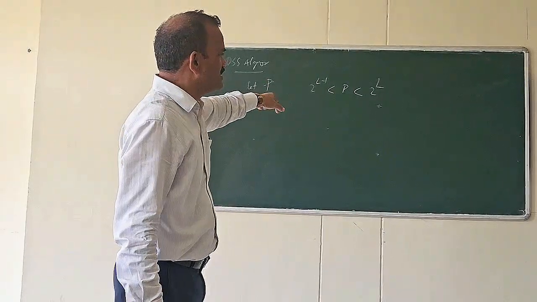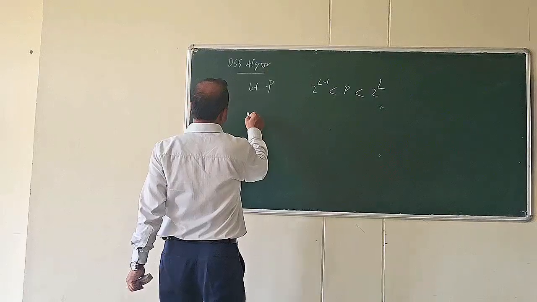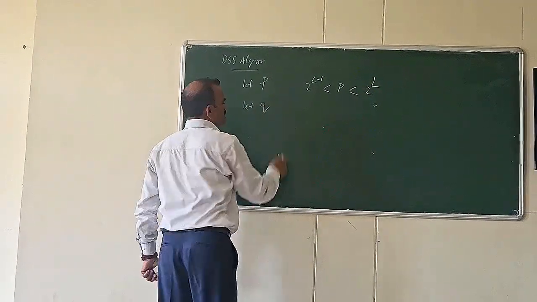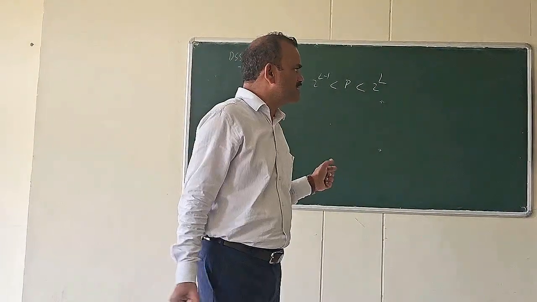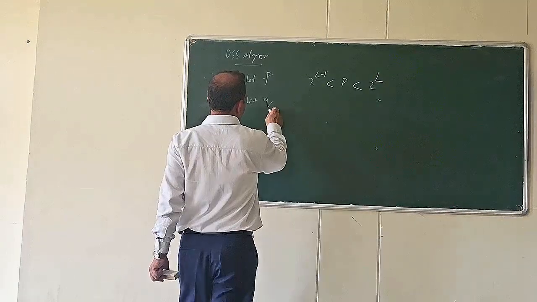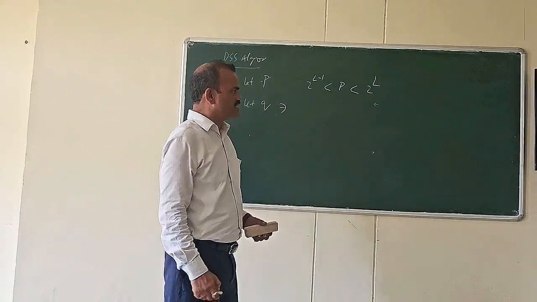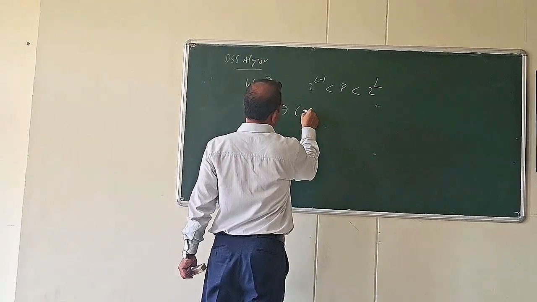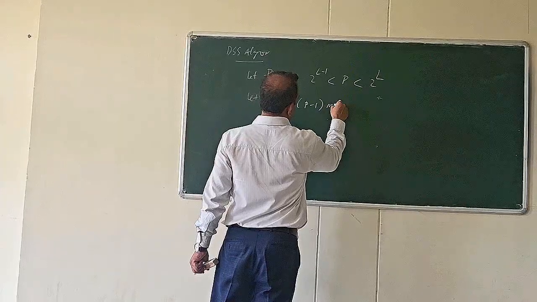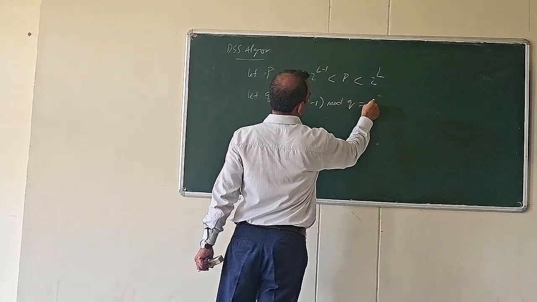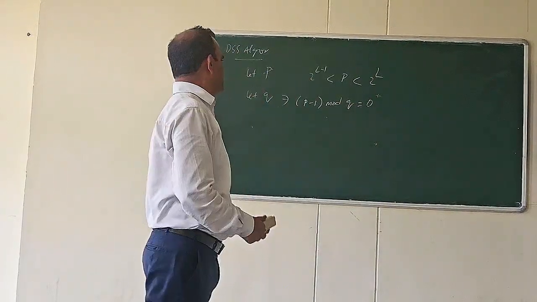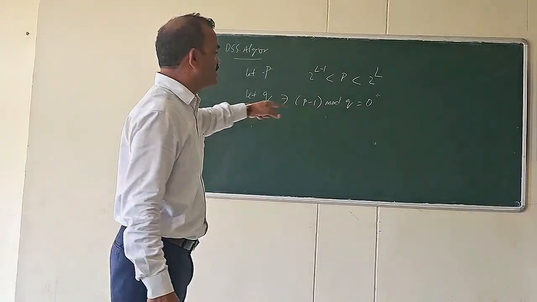And let Q be another prime number such that P minus 1 mod Q equals 0.